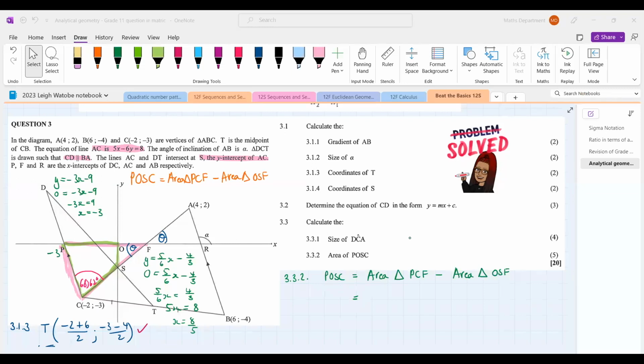Anyone else got an answer for the area of POSC yet? Bio, you've got 7,15. My answer was different, bio.